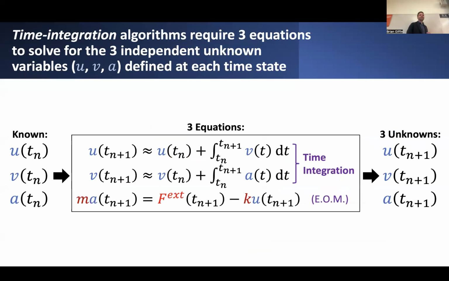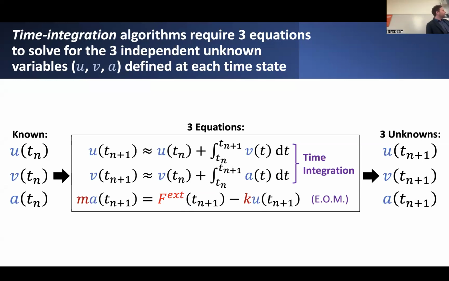So the general procedure that people take in solving these problems is they suppose that you proceed in your dynamic analysis by presuming that you know the time history of loading up to some preceding time state, which I'll call T sub n. At this preceding time state, I presume to know the displacement of the structure, the velocity at that time, and I also know the acceleration. And what I want to know on the right-hand side of this screen are the updated values of displacement, velocity, and acceleration at this new time state, T n plus 1.